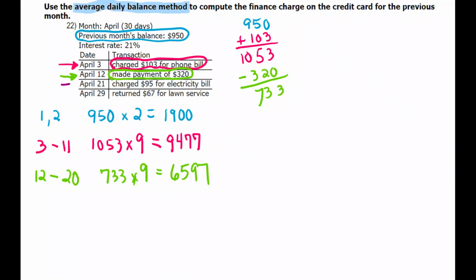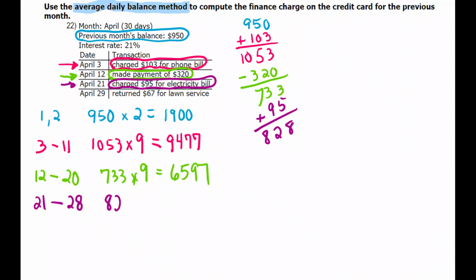All right, need another color. How about a purple color? All right, on April 21st, until the 28th, because on April 29th, it makes another change. All right. So from the 21st to the 28th, your balance, or on the 21st, you made a charge. That takes your balance up again by $95. So 8, 12, carry the 1.